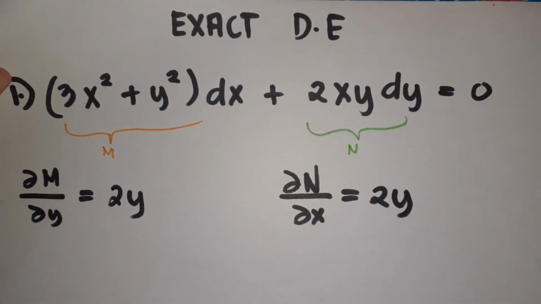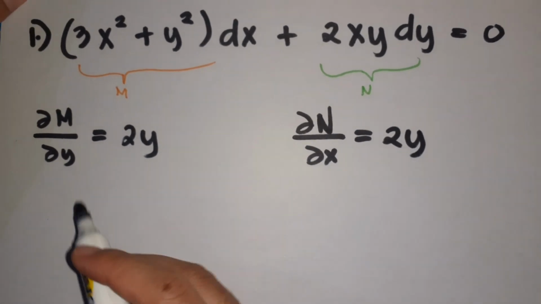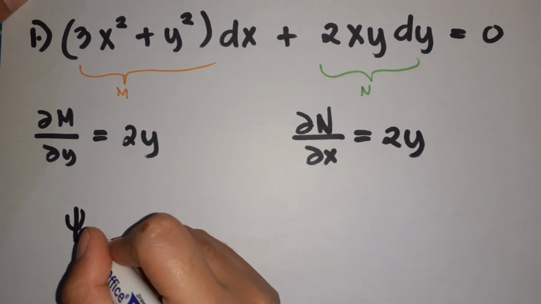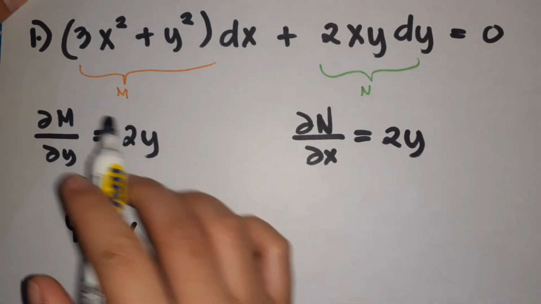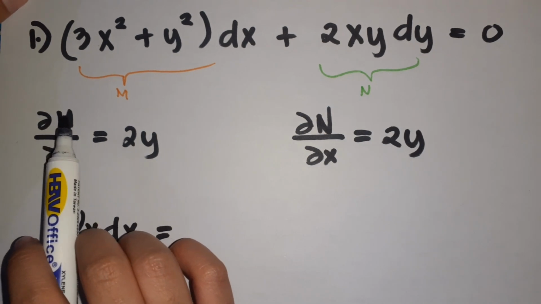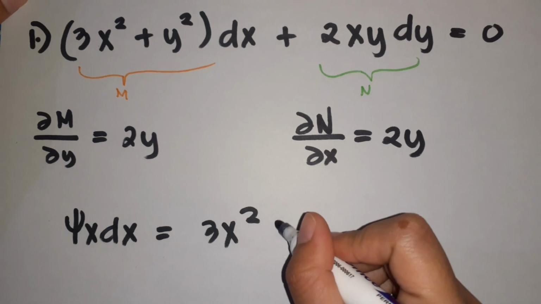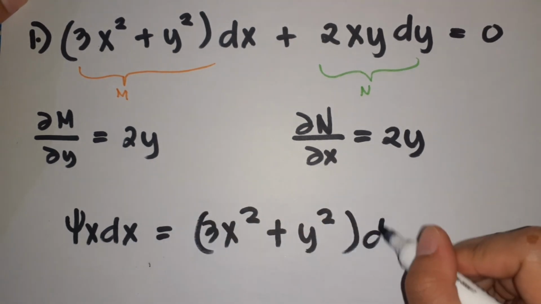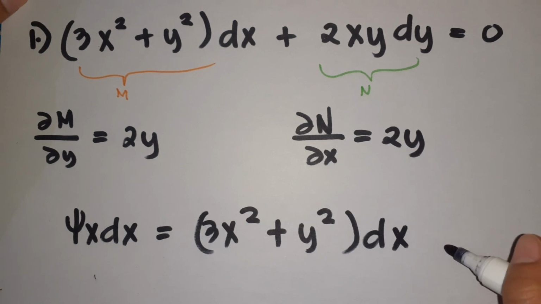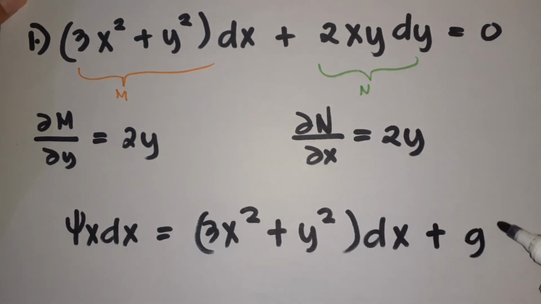So let's proceed. Let's integrate our function M: psi is the integral of M dx, which is (3x squared plus y squared) dx, and add on a generic function in terms of y.